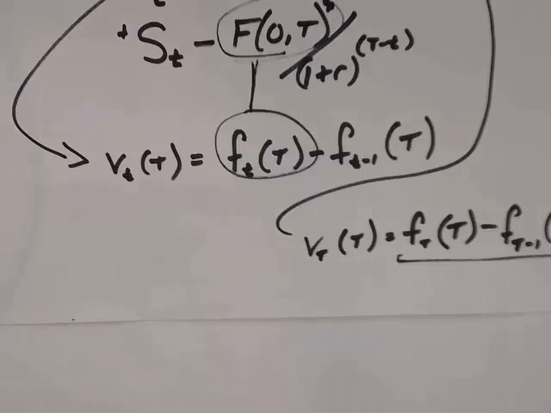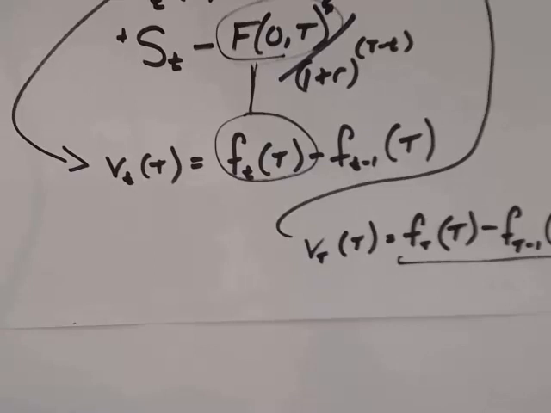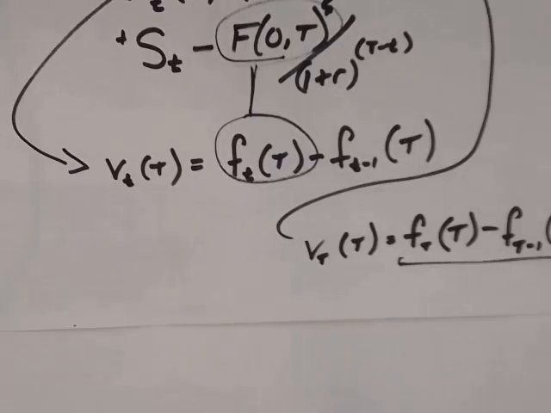So keep in mind, maybe I should have said this when I first started the chapter, but when you enter forwards and futures, there's no premium associated with these contracts. They're not like options. Options, you pay a premium. When you enter a forward contract or a futures contract, you're obligated to fulfill the contract, and there's no premium to charge at first.